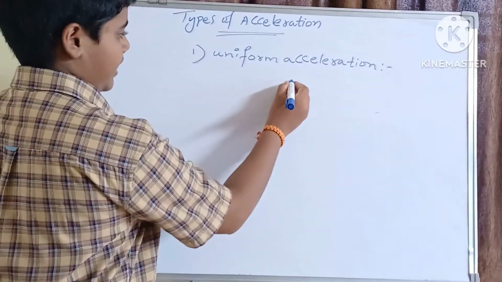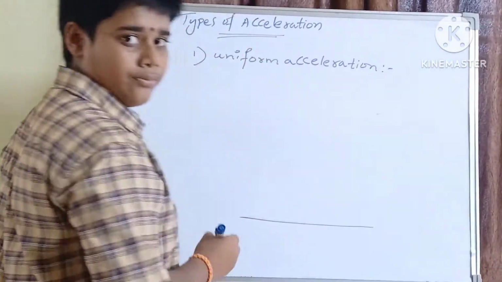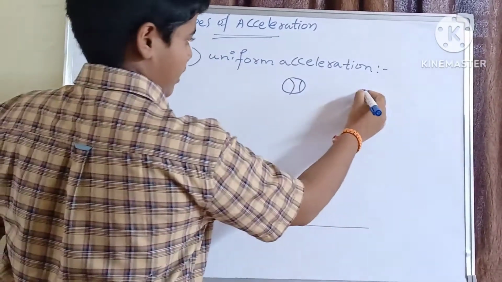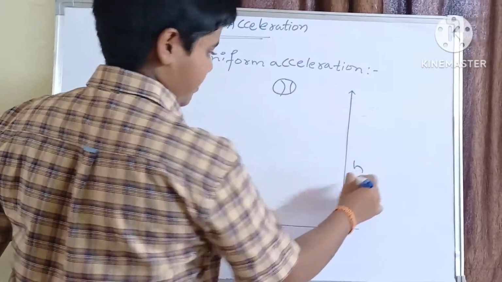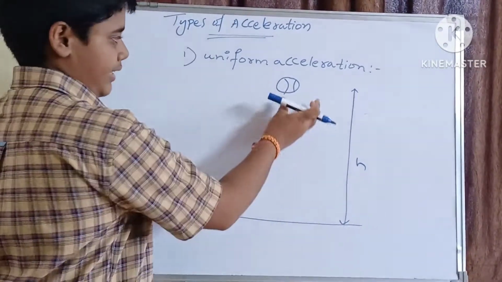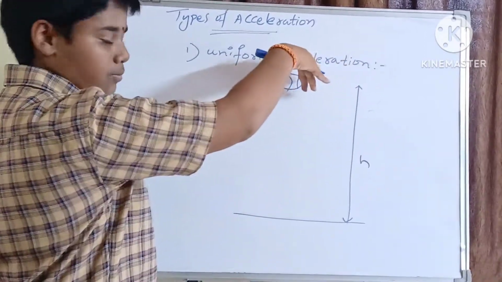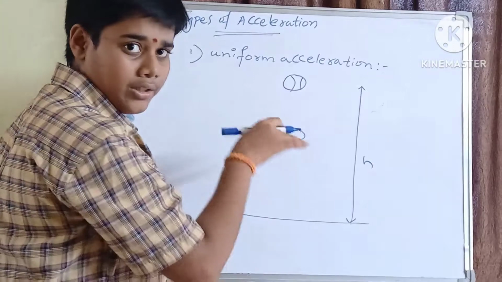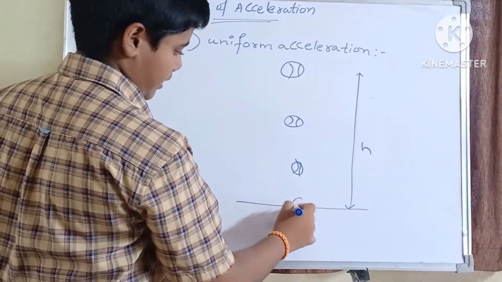For example, I am taking a freely falling body. This is the ground and this is a ball. The distance between the ground and the ball is h, the height. I am holding this ball, and if I release it to the ground, it will fall like this, over some intervals.